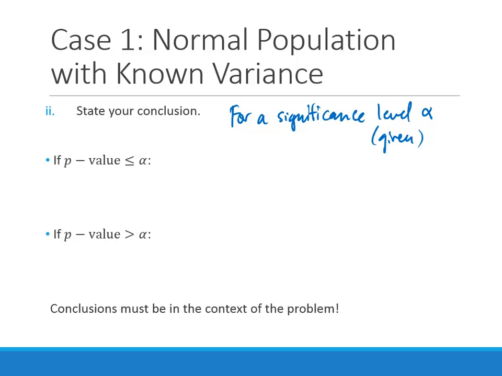Anybody remember? So again, we're trying to decide if we want to reject the null hypothesis or fail to reject the null hypothesis. The definition of the p-value was it's the probability of observing a test statistic that's at least as extreme as ours if the null hypothesis was true. So if the p-value is small, if the p-value is less than alpha, what do we want to do?